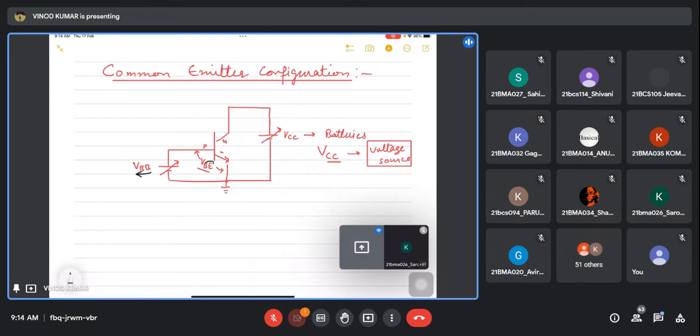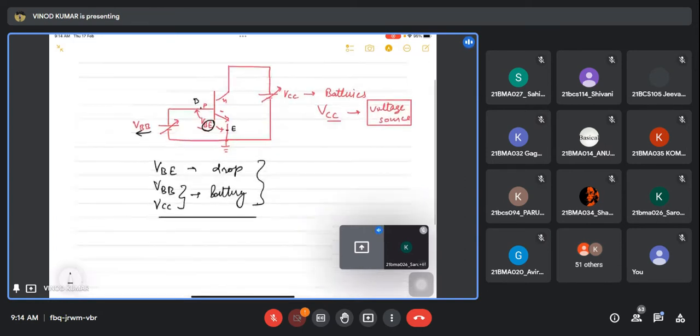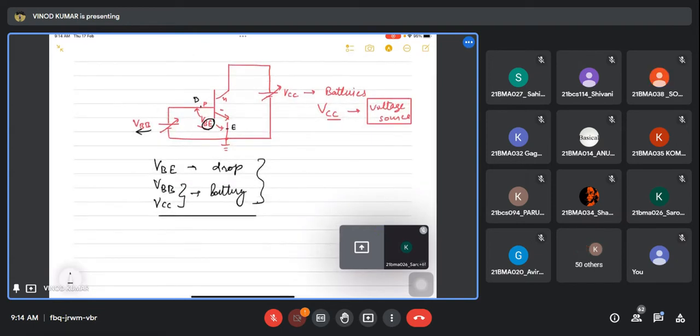VCC से. But if there is drop, it is base emitter. This is base, this is emitter. So that is the difference. If this is voltage, that means it is a drop. If it is this, that means it is a battery. That is how we are representing it. You might have seen, right? This one is forward biased and another one is reverse biased.